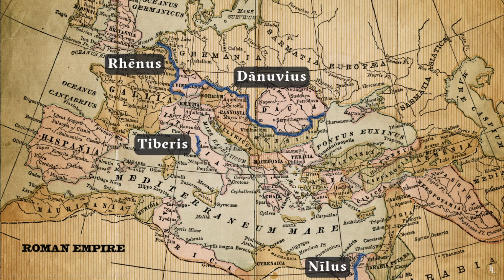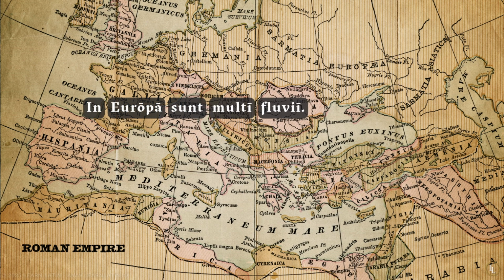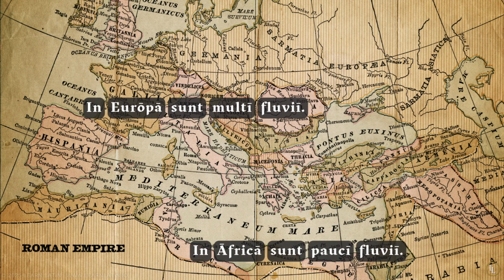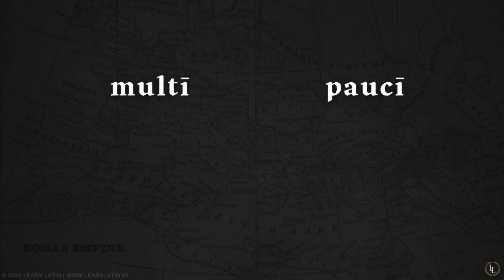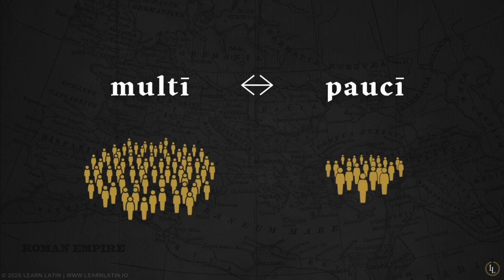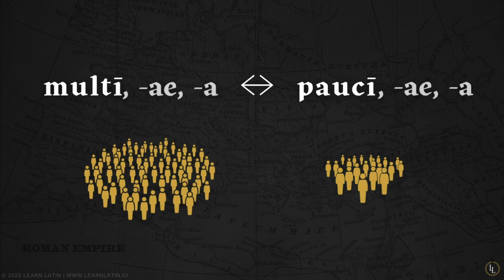We can now say, in Europa multi sunt fluvii. In Africa sunt pauci fluvii. Can you guess what multi and pauci mean? Multi and pauci are adjectives with opposite meanings. They mean many and few, respectively. Because of their meaning, they are always used in the plural, with endings like i, ae, a, depending on the gender of the noun.